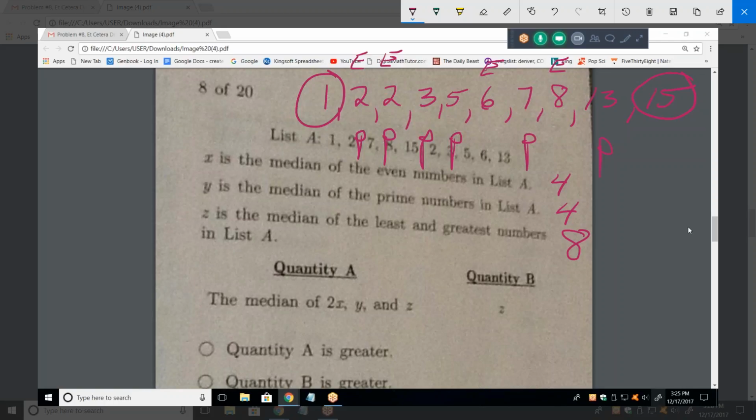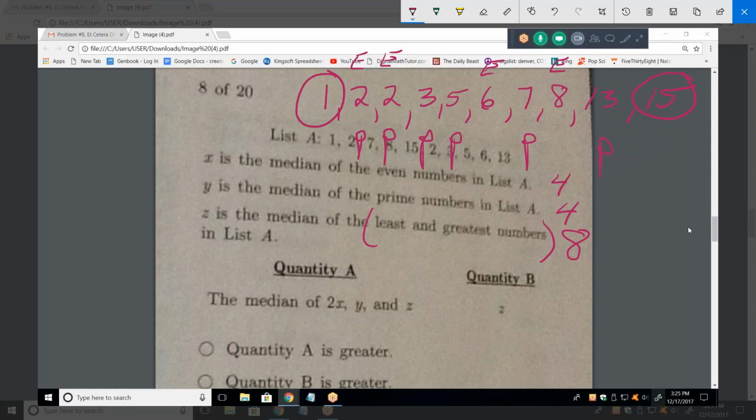But wait a minute. How can it be? There's only 2 numbers in this list of Z. The list of the least. Oh. The least is the 1, the greatest is 15. Okay. Yeah, it probably would have been a little clearer if they'd have put parentheses around that.